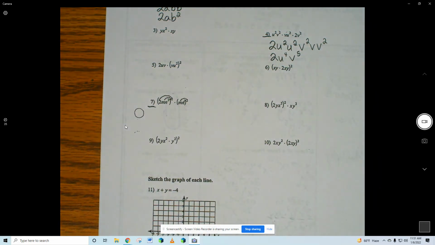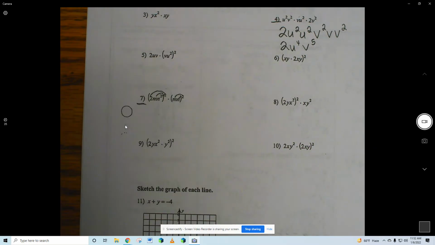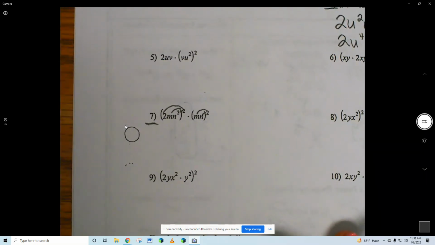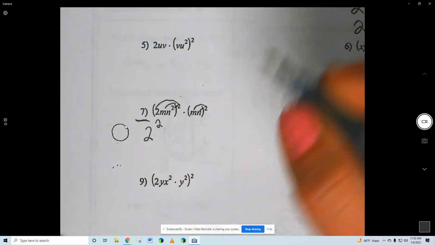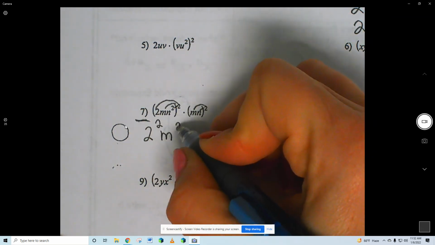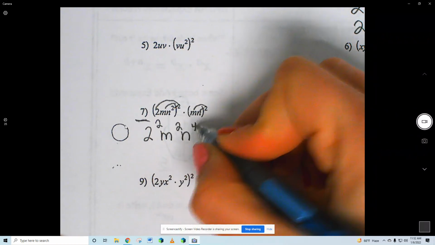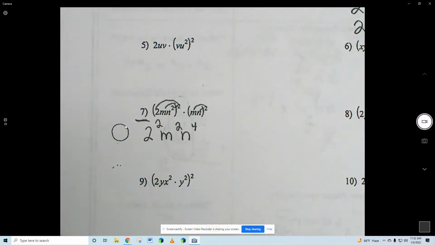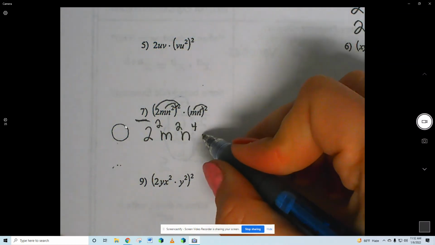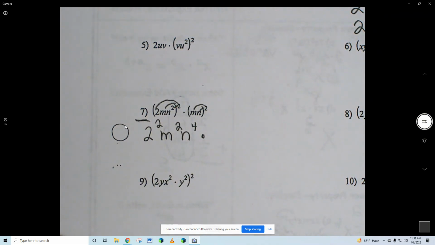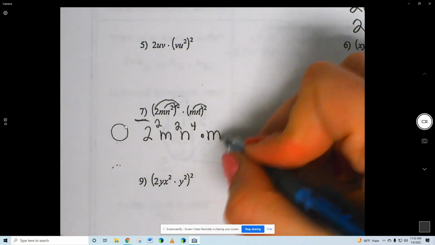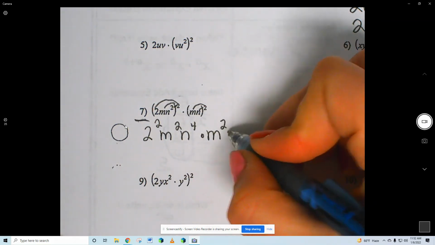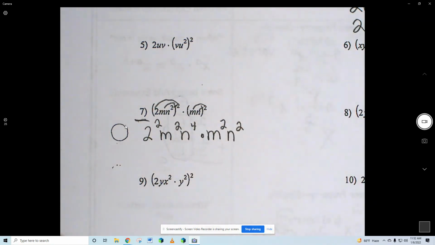I draw little hoops. 2 squared. M squared. N to the 4th. M squared. M is in mom. N is in Nancy. Squared.